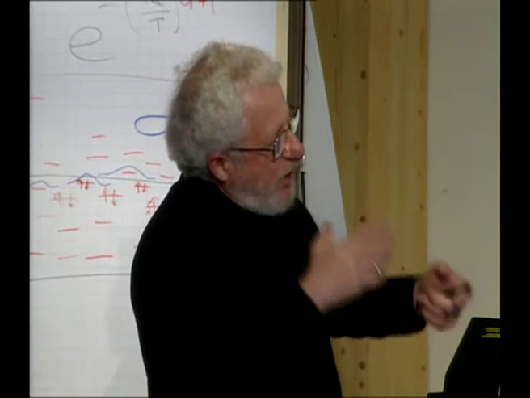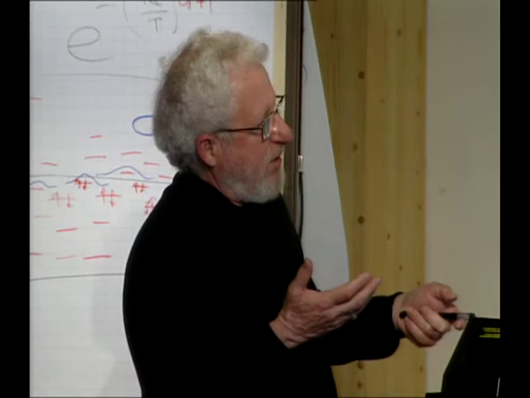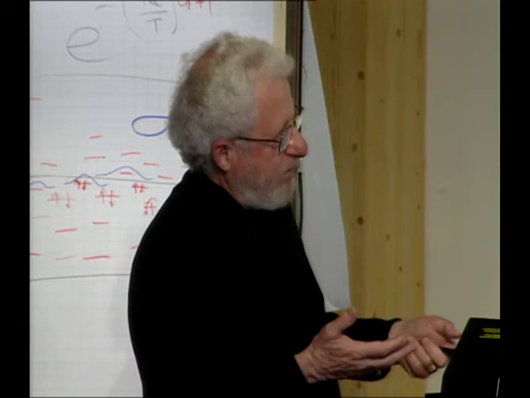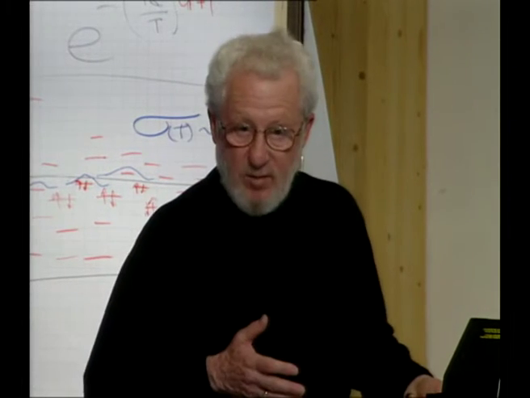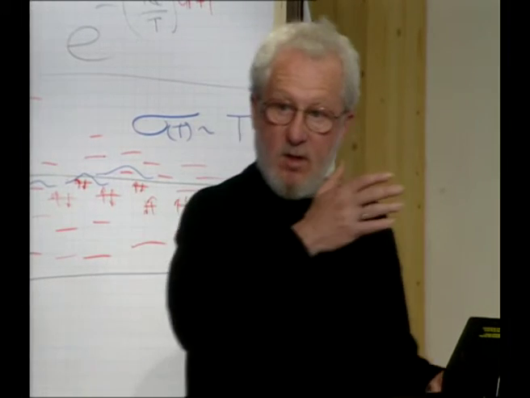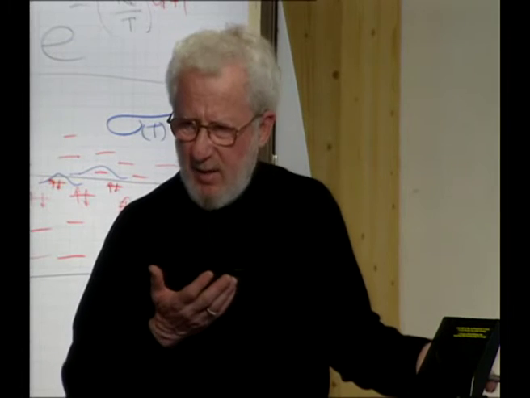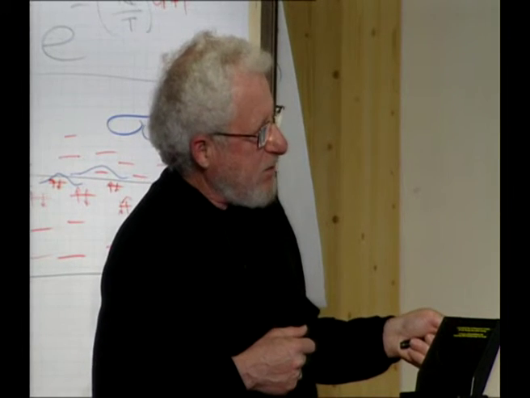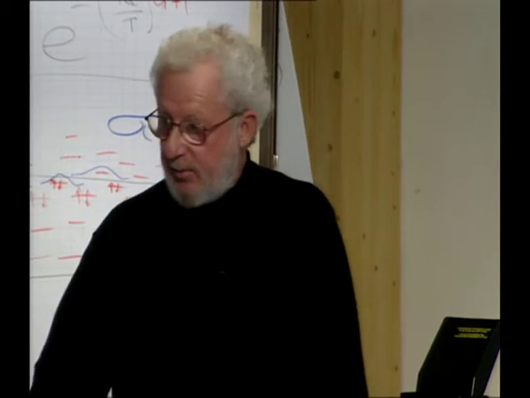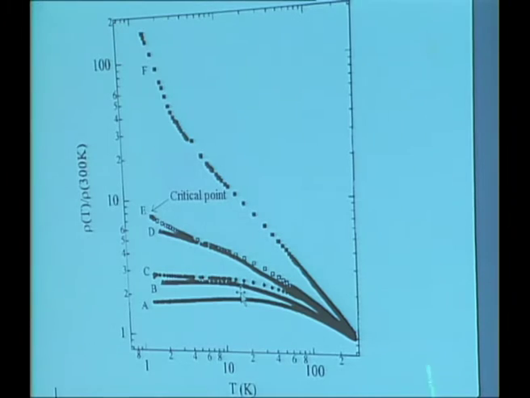So by changing the perfection of the material with a constant number of electrons, I've gone from a poor metal, not a very good metal. If it were a really good metal, then the resistance would decrease as I go down in temperature. But here it increases a little bit, not much.